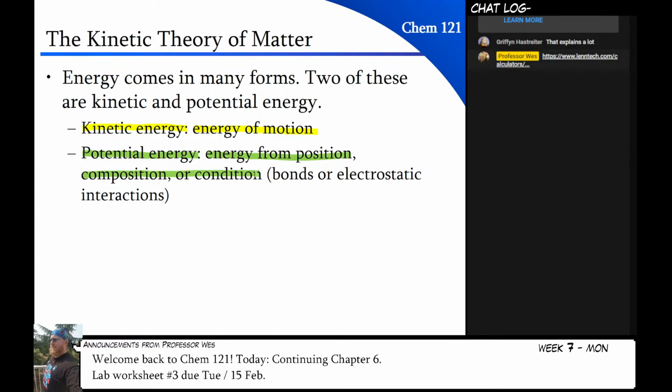Potential energy is energy that you can potentially get by doing something. For instance, if you have an object on your desk and it is perched precariously on the edge, and maybe you bonk it with your elbow, if it is not sitting on the table or desk anymore, it's not going to just float in space and have no energy or no motion, right?